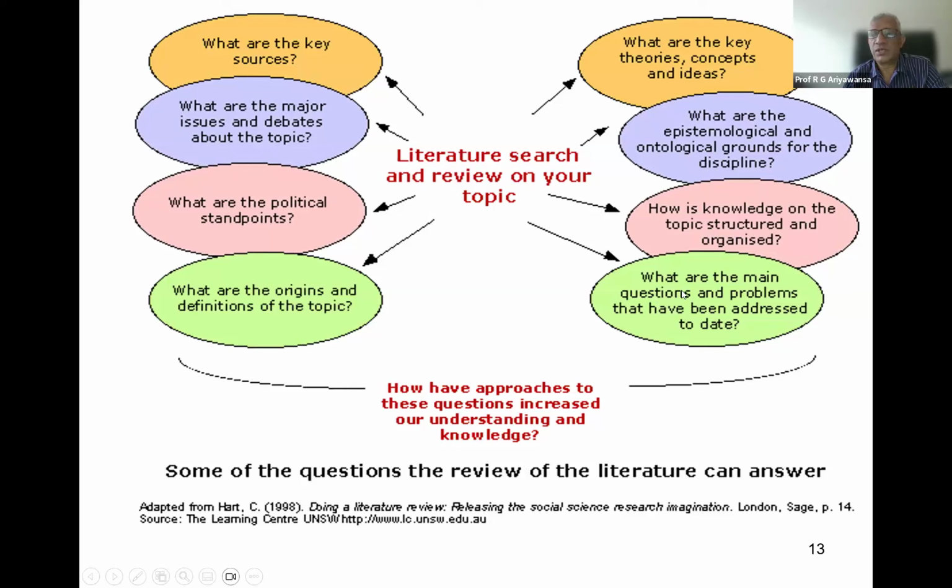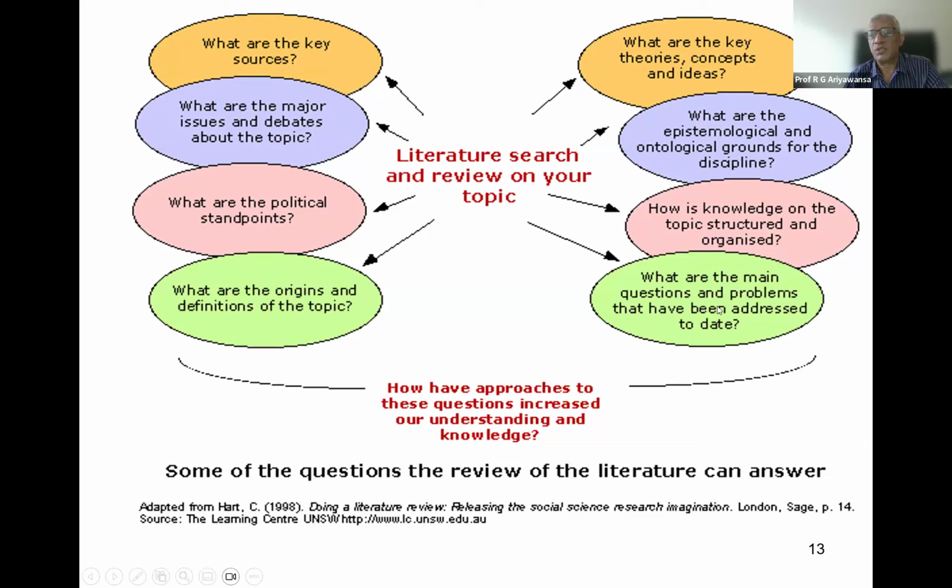When you read research articles and journal articles, you can understand what types of problems have been addressed by certain researchers, how they addressed them, and their research questions. So you can understand the main research questions addressed so far by different researchers and the different research problems investigated so far.